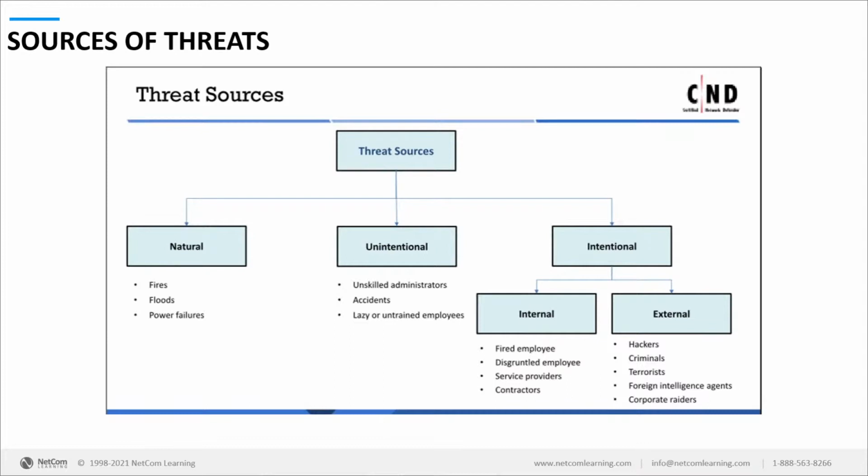One of the ways these threat sources tend to be diminished is to build your data centers so that you're not exposed to natural fires and floods, and you have redundant power systems and backups and so on.